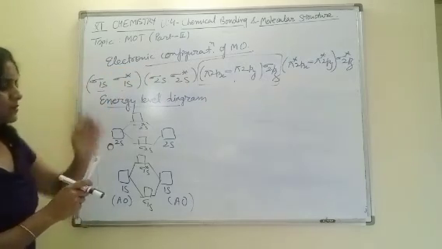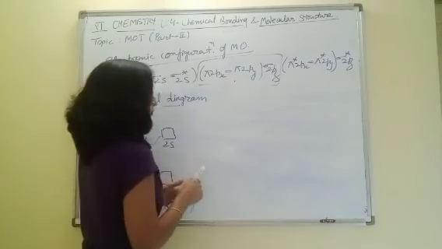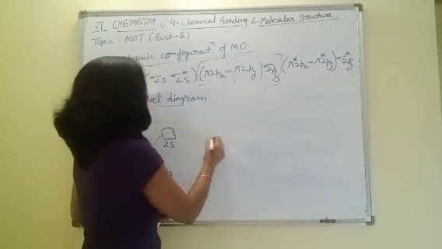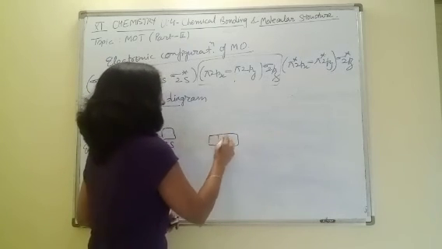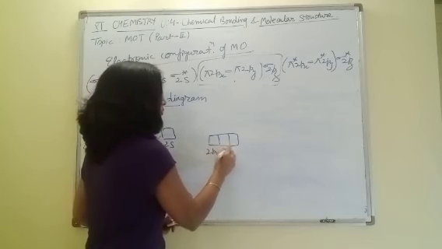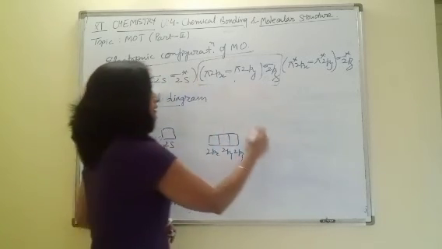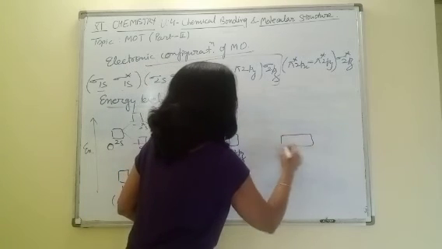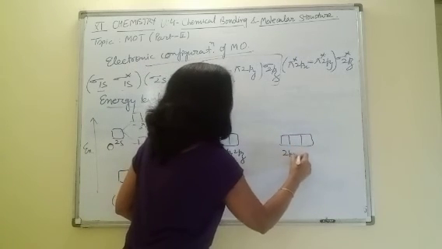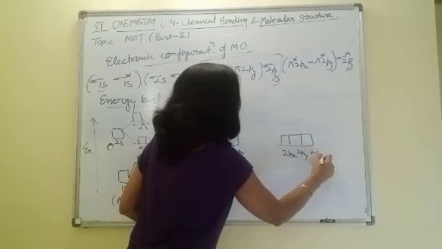Clear? So just start here with 2p. In case of 2p, we will have 3 levels, that is 2px, 2py and 2pz. Same for the second atom: 2px, 2py, 2pz.